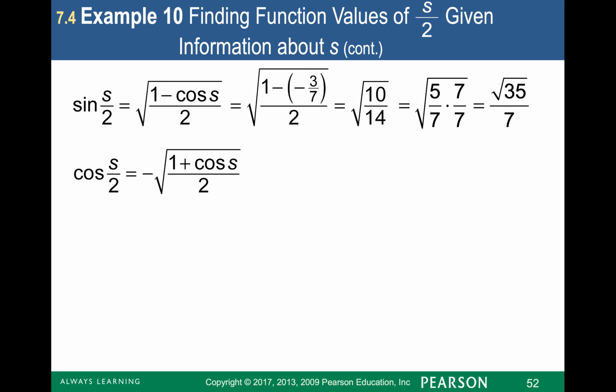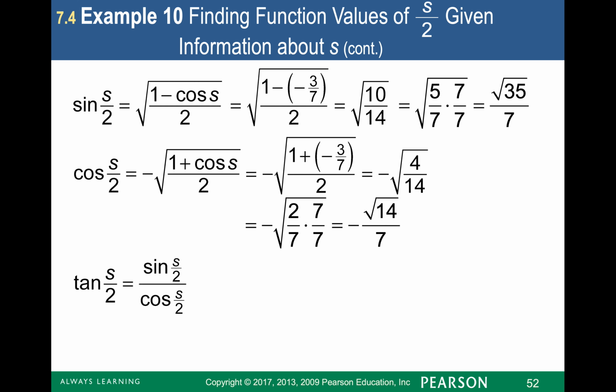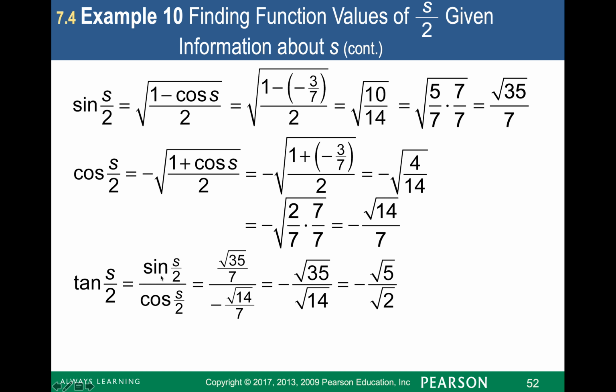Then I'm going to use my cosine half angle identity, which again just uses cosine of s. I'm going to replace and algebraically simplify. Because I know the sine of the half angle and the cosine of the half angle, I'm going to divide those two to get my answer. And then I'm going to do some algebra to rationalize my denominator.